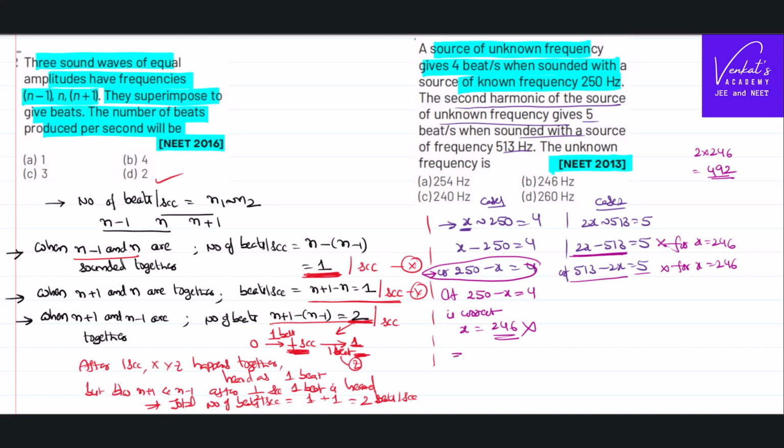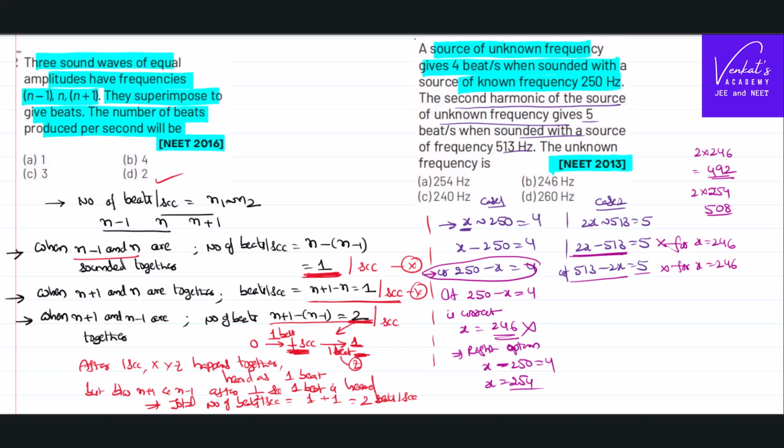Therefore, this option that is given is wrong. That implies the correct option is x minus 250 equal to 4. X equals 254. Put that x equal to 254. 2 into 254 becomes 2 fours are 8, 2 fives are 10, 2 twos are 4 and 1, 508.